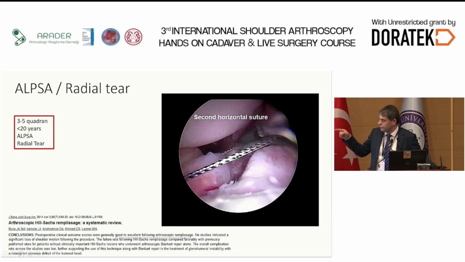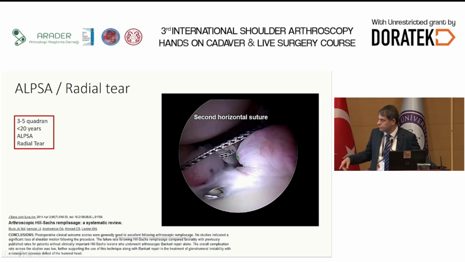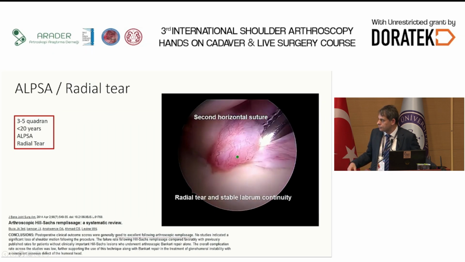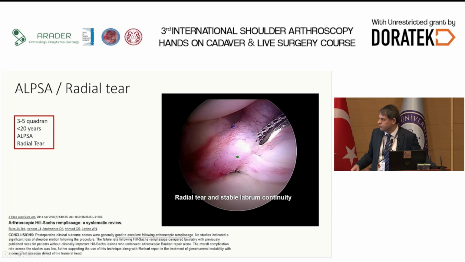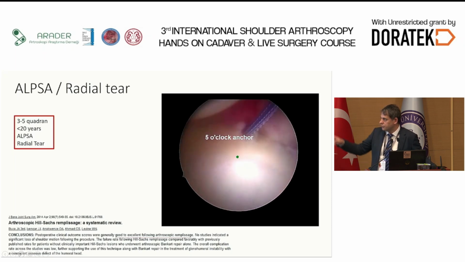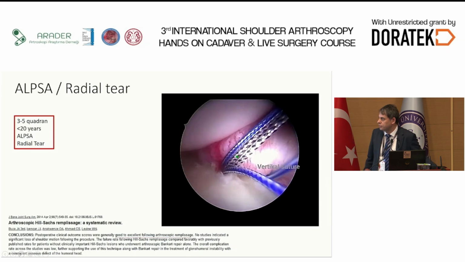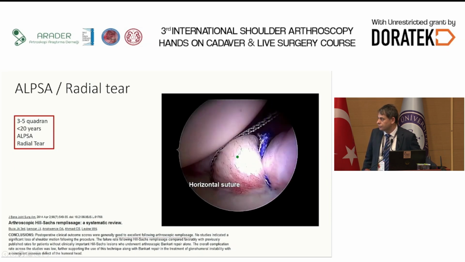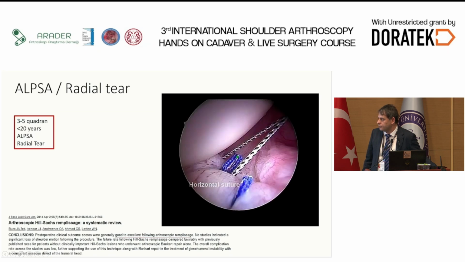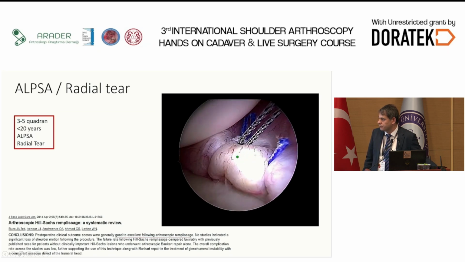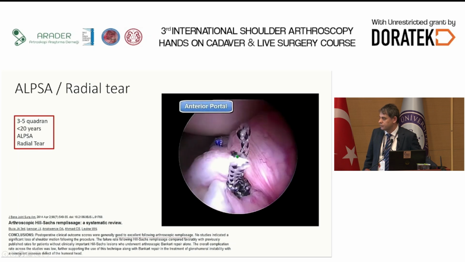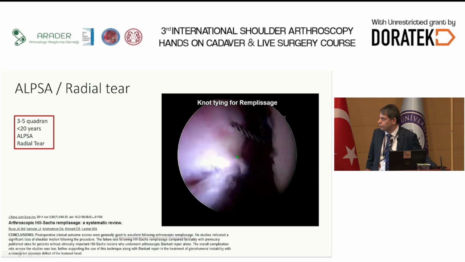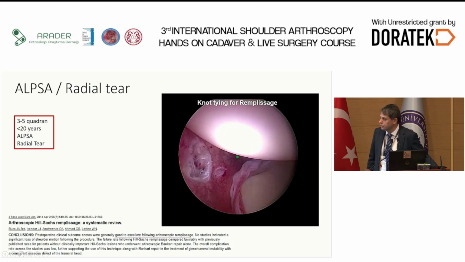We put one vertical and one horizontal suture. After repairing the radial tear, you see there's continuity with the labrum. We put another anchor at 5 o'clock and repaired it again. And then tied the sutures that we had passed before for remplissage.